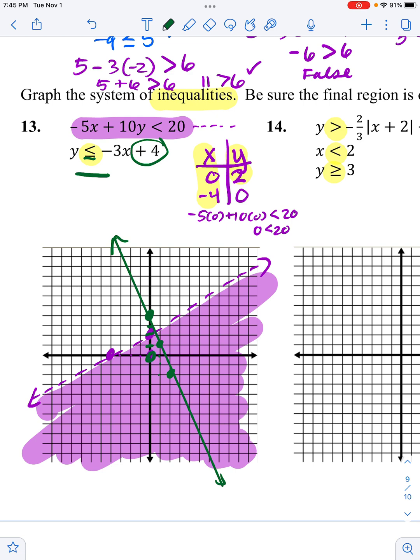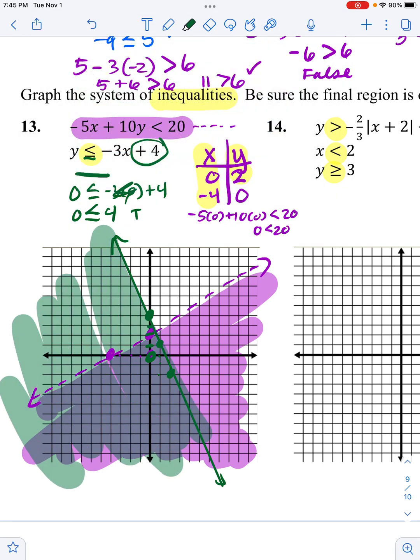I like to pick 0, 0. So if I put a 0 in for y and a 0 in for x, I get 0 is less than or equal to 4, which is true. So yes, I should shade the side that has the 0, 0. So I'm shading over here.